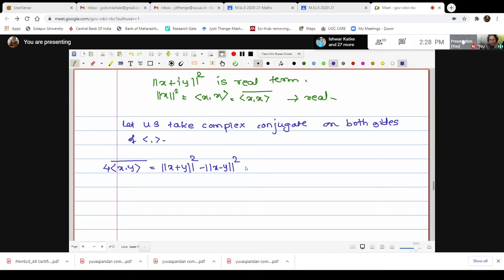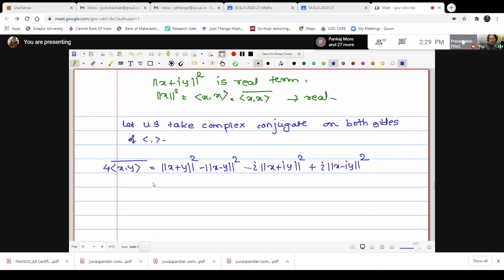Therefore here what will I write? Minus i norm square of x plus iy. Minus i, now we will write plus i norm square of x minus iy. Now our aim is to prove that this is inner product y with x. Therefore we will try to bring all the y terms first and x terms later.